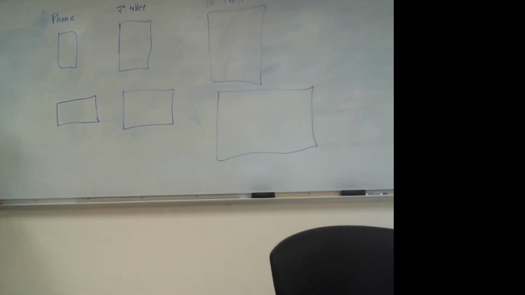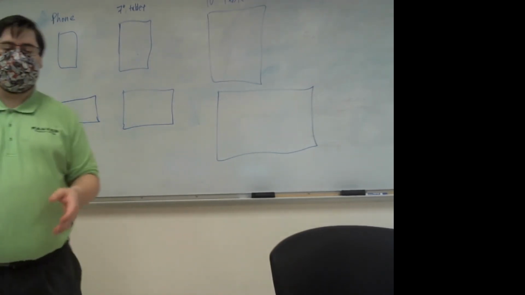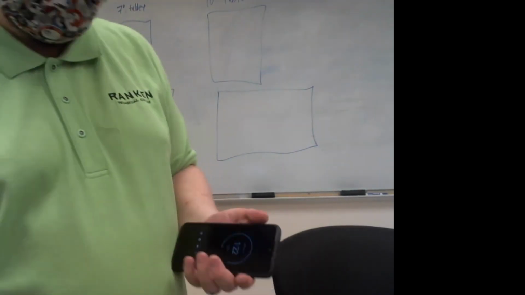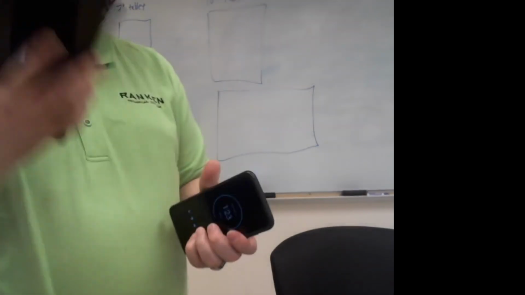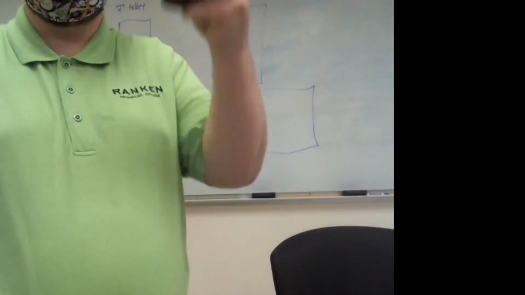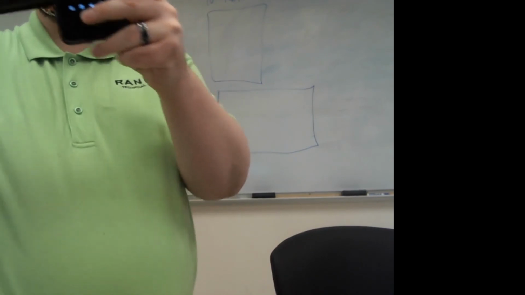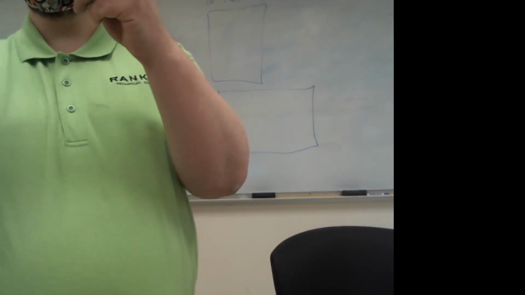Now, there's a good handy trick, just a rule of thumb. This doesn't hold up well because there are a lot of different form factors. But if I take these two devices and look at them in portrait mode, there's not really much in common. But look at them the other way.